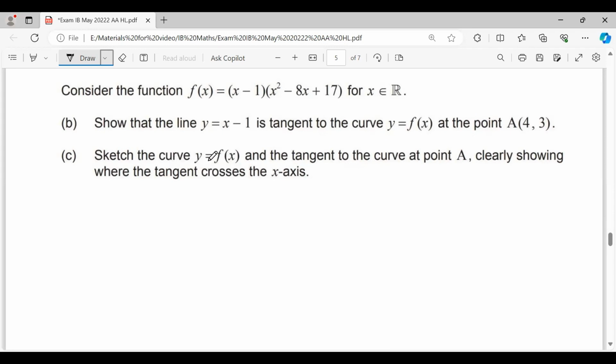Sketch the curve y equals f(x) and the tangent to the curve at point A, clearly showing that the tangent crosses the x-axis. So for part B, f(x) equals (x minus 1)(x squared minus 8x plus 17).